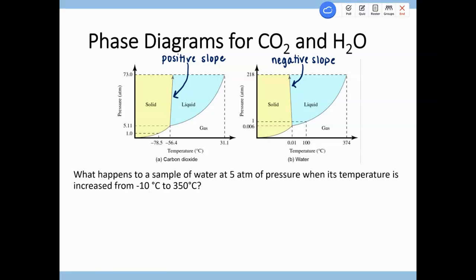We won't have a solid necessarily for high pressures and low temperatures. So if we add pressure, the substance will become a liquid.